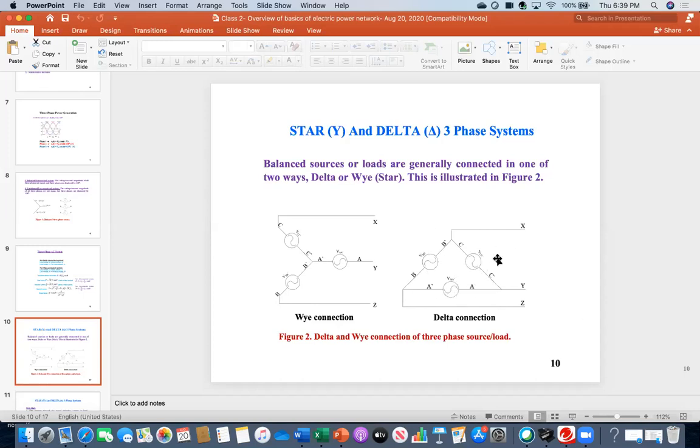The delta saves some cost because it eliminates the need for the fourth coil, but the fourth conductor is needed for safety purposes. Do you understand, everybody, what I am telling you? Relative pros and cons and the necessity.